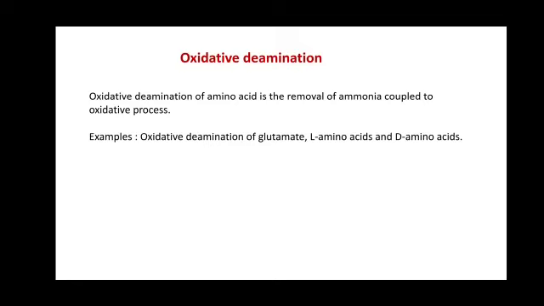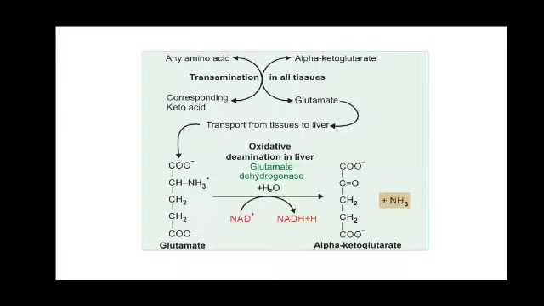In the transamination reaction the amino group of an amino acid is shifted, but in oxidative deamination the removal of ammonia takes place. Examples are oxidative deamination of glutamate, L amino acids, and D amino acids.